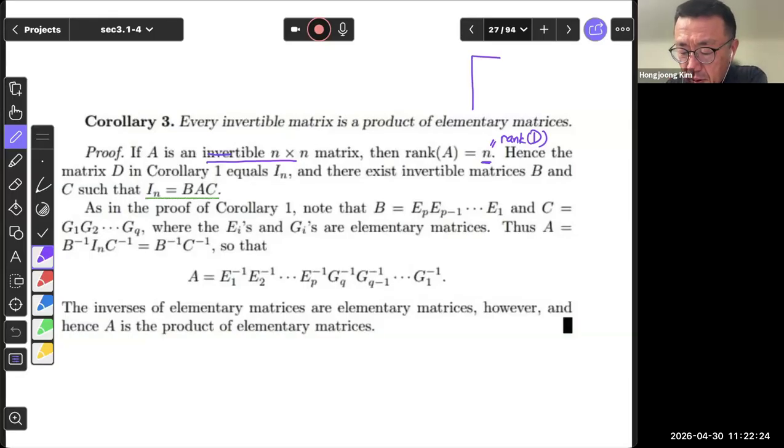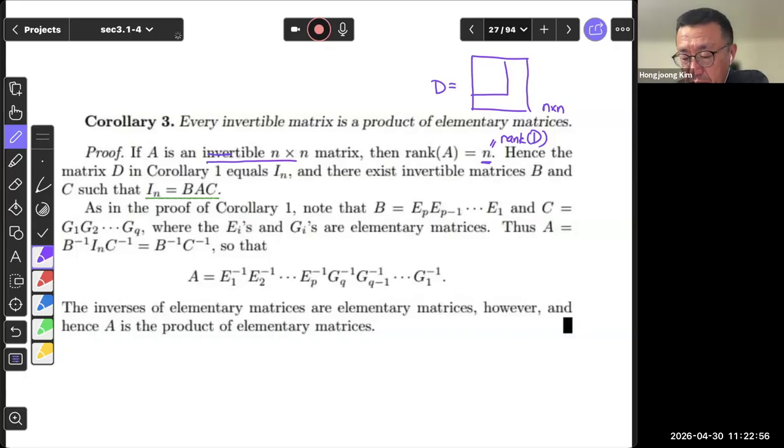And D is an n by n matrix, and the rank just counts the number of columns of the identity matrix in the upper left corner, right? If that matrix in the upper left corner has only r columns, then the rank of D will be r.